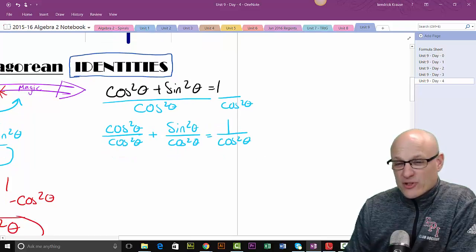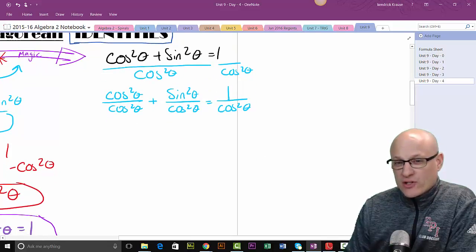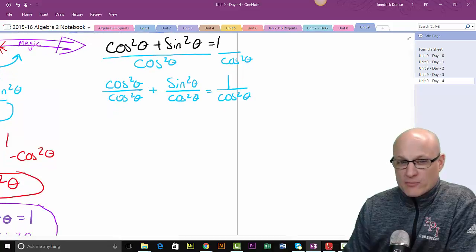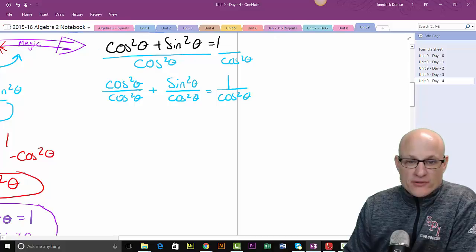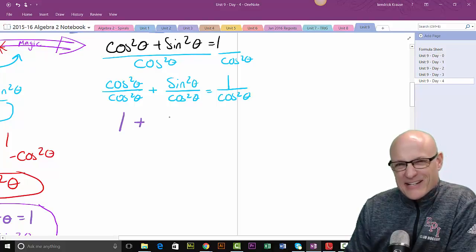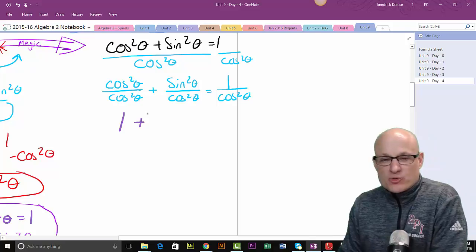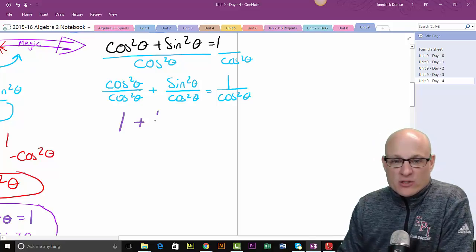You'll never have to do this work, but the next equation I write is something that you're going to have to commit to memory. Let's do it in purple. This is just 1 plus. Now, what is sine over cosine? It was something I told you a long time ago you're going to have to remember, and that's equal to tangent of theta.